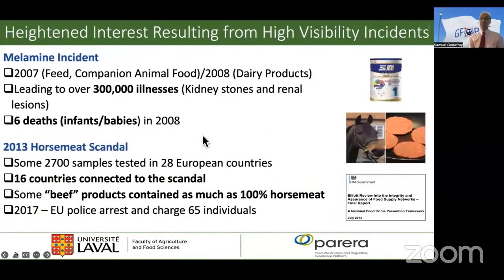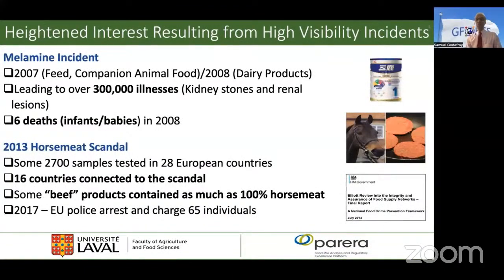Now, of course, a number of incidents that have happened in the recent past have put this phenomenon at the forefront of food-related challenges. Many of us remember the Melamine Incident because of the public health impact it resulted in: more than 300,000 illnesses and deaths amongst the most vulnerable subset of the population, witnessed in 2008.